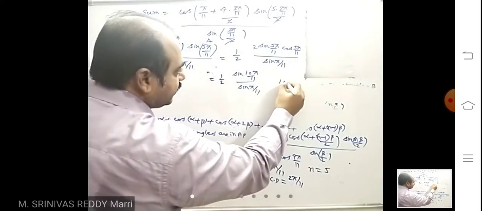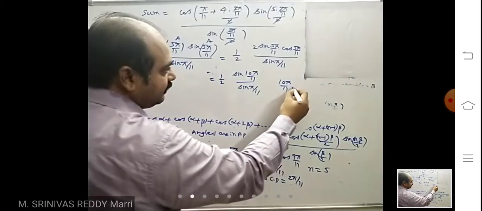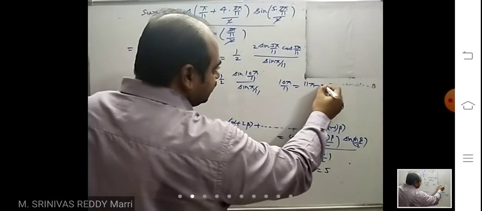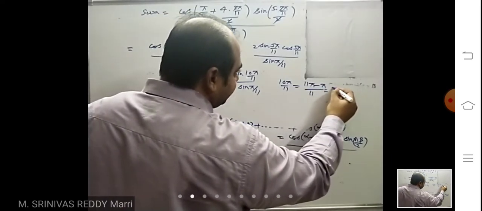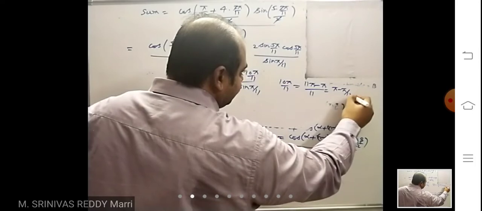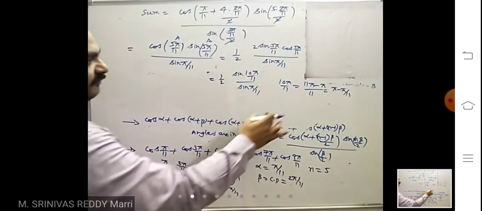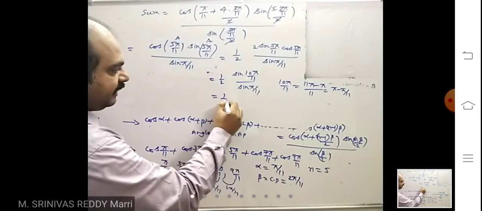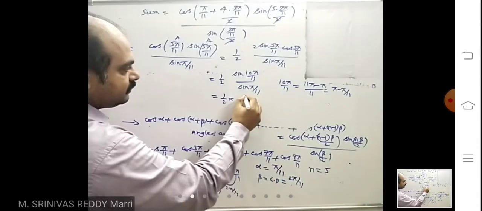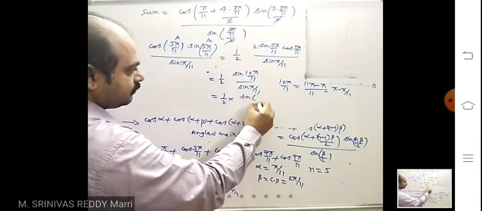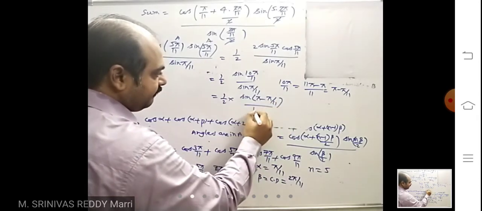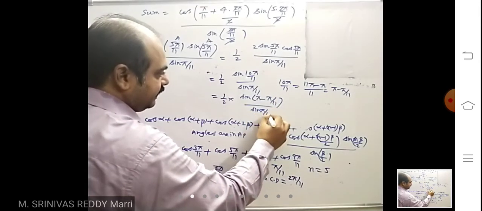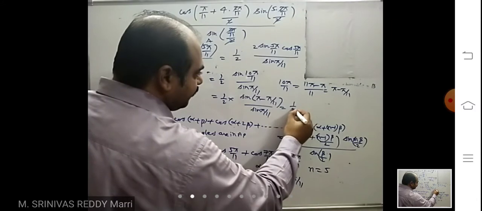Now look at 10 pi by 11. It can be written as 10 pi is nothing but 11 pi minus pi, divided by 11. So pi minus pi by 11. If you split this, sine of pi minus pi by 11 divided by sine pi by 11.